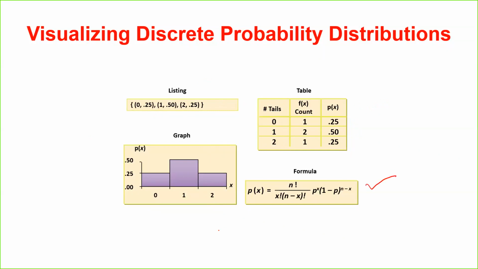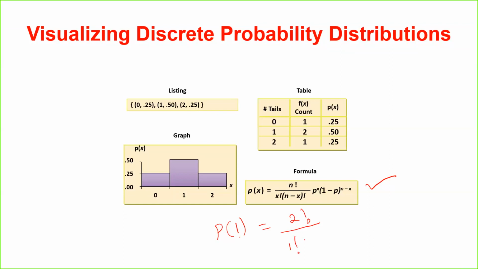For example, if I want to know the probability that the number of tails is equivalent to 1, what is the probability of x equivalent to 1? What is the value of n? How many coins are tossed? 2 coins are tossed, n equivalent to 2. So 2 factorial divided by 1 factorial, x is 1, right?